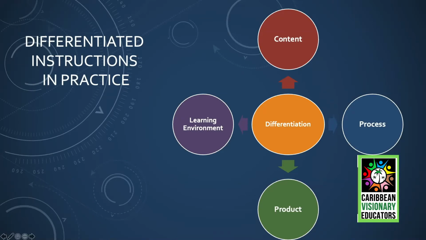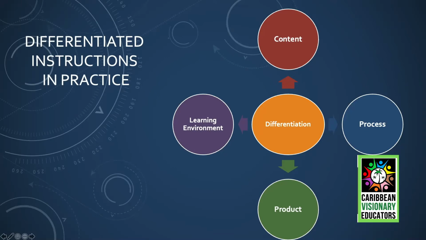But one part often forgotten within the context of online is the learning environment. And we have to see how we're going to design that space to ensure that we enhance the principles of differentiation as outlined earlier. So these are important factors: content, process, product, and the learning environment.